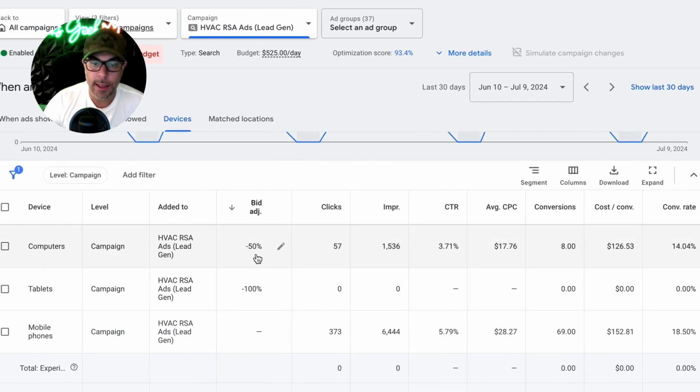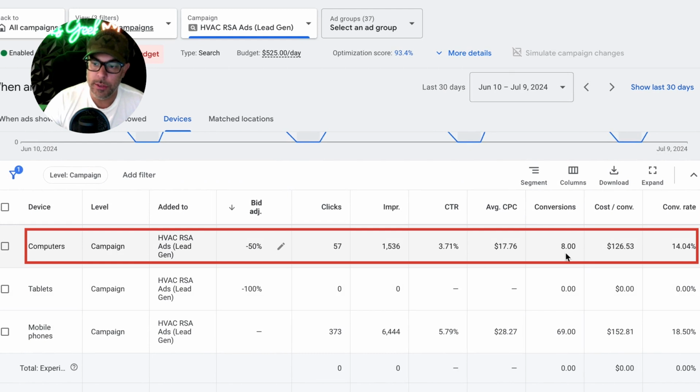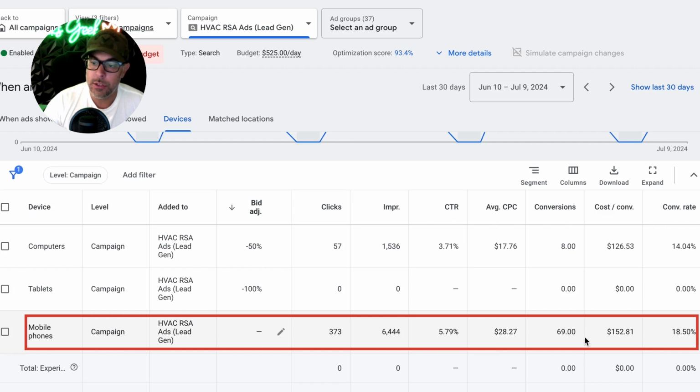So we're doing a negative 50% on computers, and that drove 8 leads at $126 a lead. And then we have mobile phones wide open, and that drove 69 leads at $152 a lead. Very cool. So it looks like desktop's starting to work again, which is nice because usually we don't even run desktop for this niche, depending. Some of the landing pages just don't do that great. So we try and really drive phone calls. That's where we want to be with this stuff.